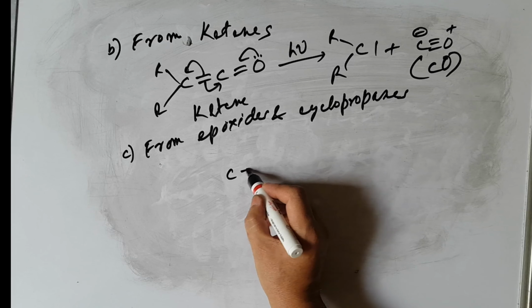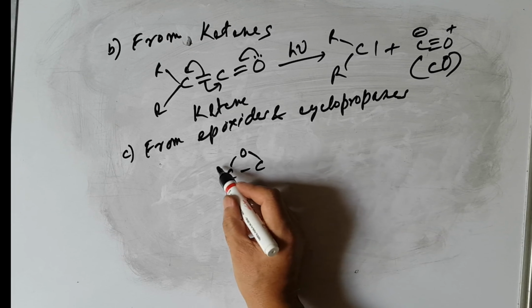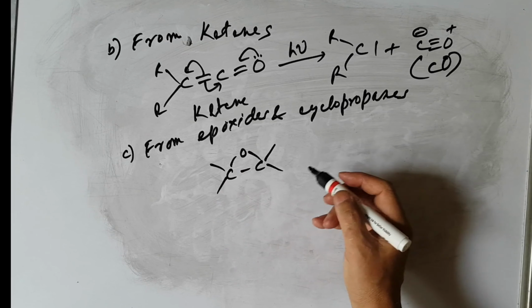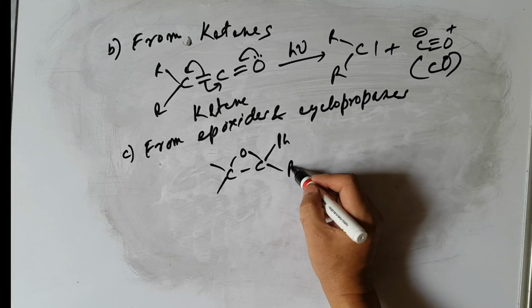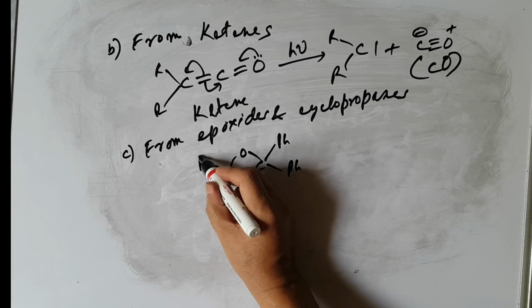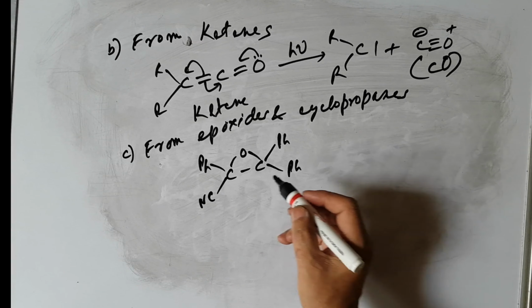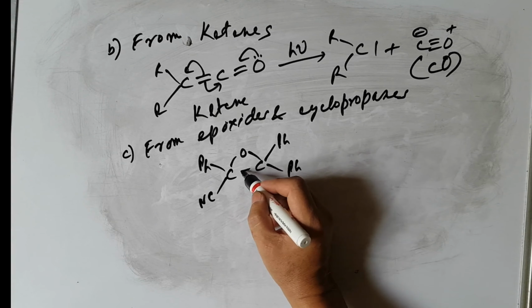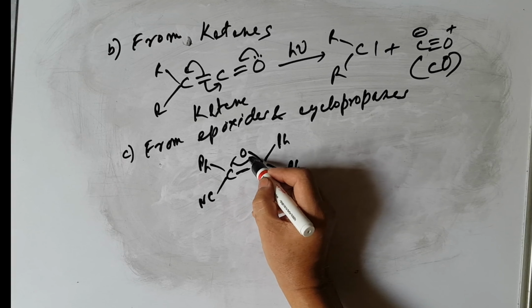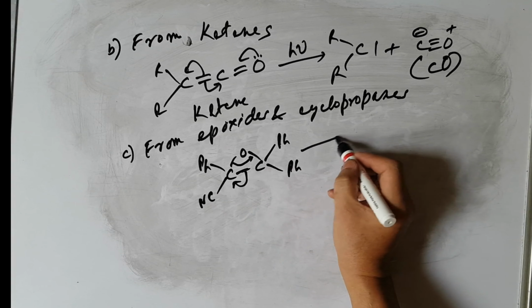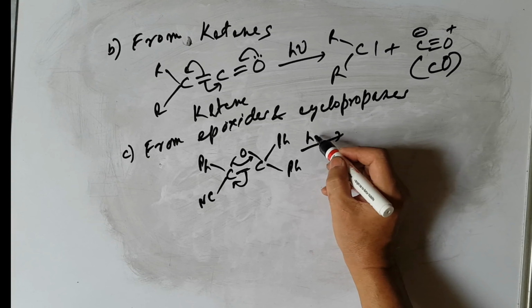For example, this epoxide is substituted with phenyl and CN, let's say. So you can generate it like this, by photolysis.